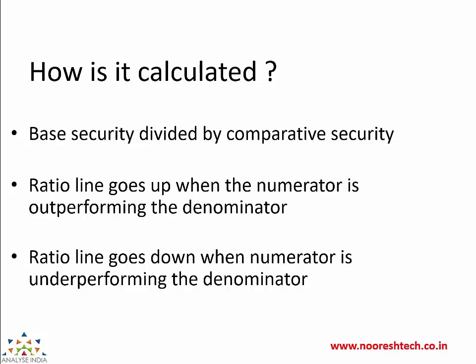The ratio line goes up when the numerator is outperforming the denominator, and the ratio line goes down when the numerator is underperforming the denominator. So in the example that we took, if the Nifty Pharma chart is outperforming the Nifty chart, the ratio line will go up. And if the Nifty Pharma chart is underperforming the Nifty chart, the ratio line will go down.